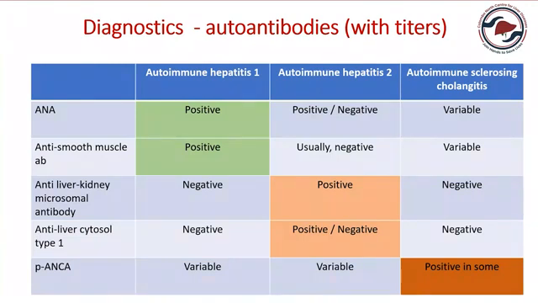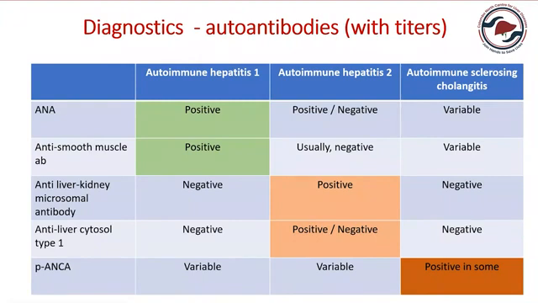I have not brought de novo autoimmune hepatitis here because you can just assume it could be one of these. So autoimmune hepatitis type 1, you get ANA positivity and anti-smooth muscle antibodies positivity. Others could be variable. However, anti-liver kidney microsomal antibody and anti-liver cytosol antibodies would not be positive. If they are positive, you have to move to autoimmune hepatitis type 2.